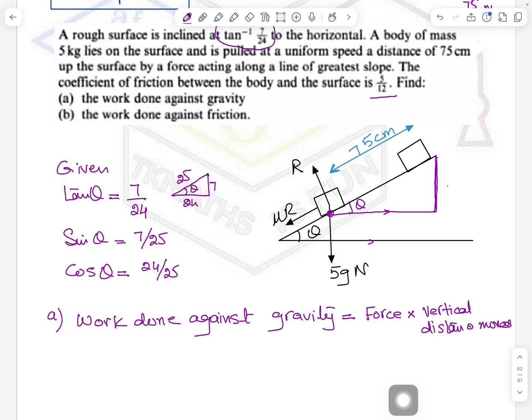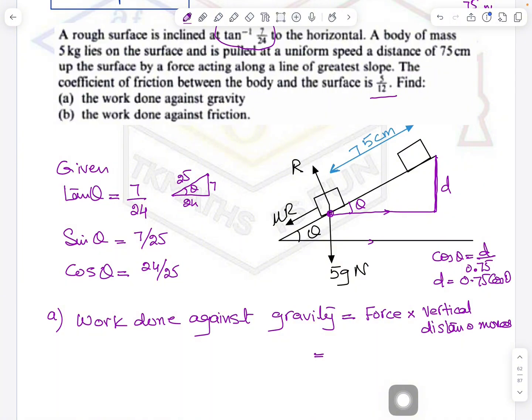So if this is my vertical distance d, then cos theta is equal to d divided by 75 centimeter, or I can write 0.75 in meters. So it will be d is equal to 0.75 into cos theta.